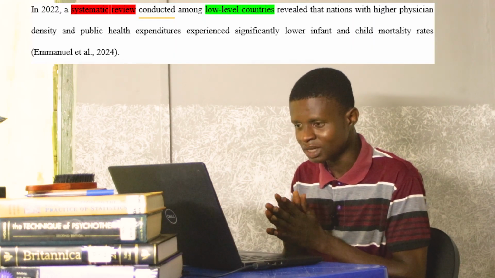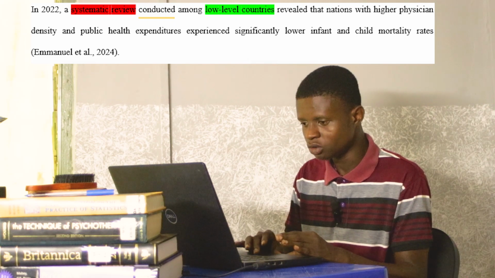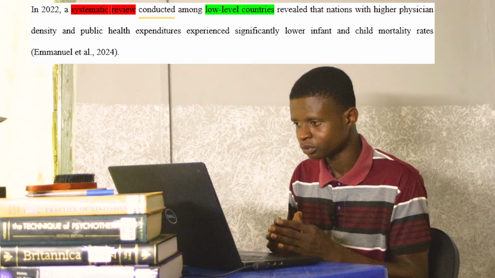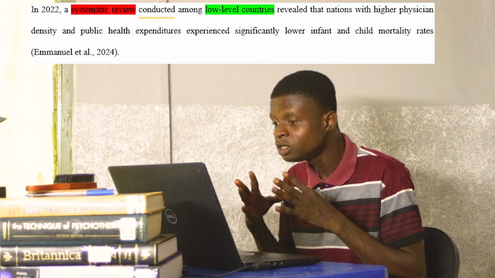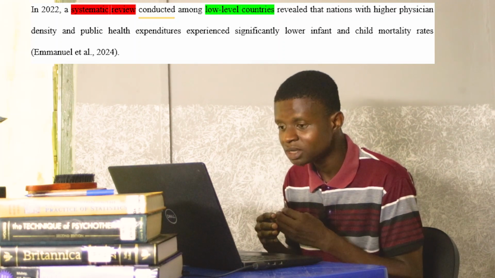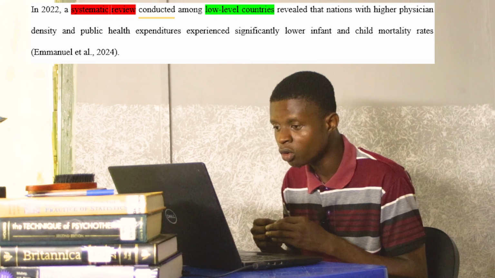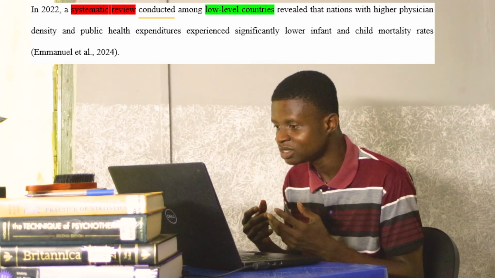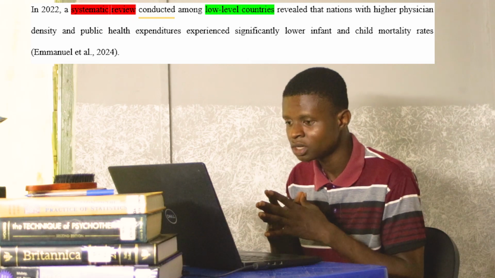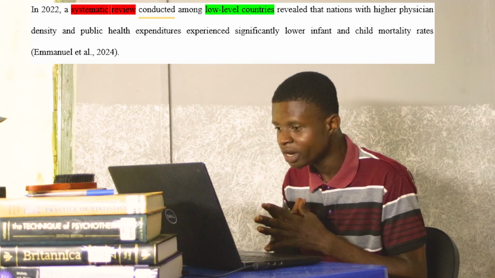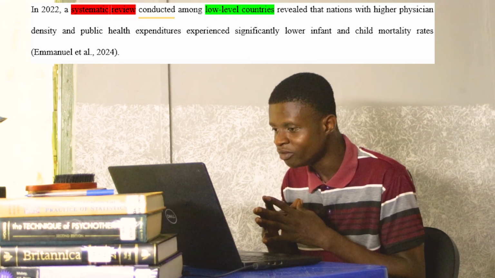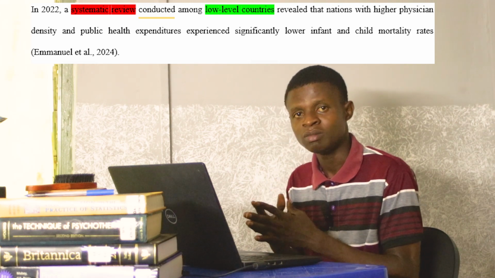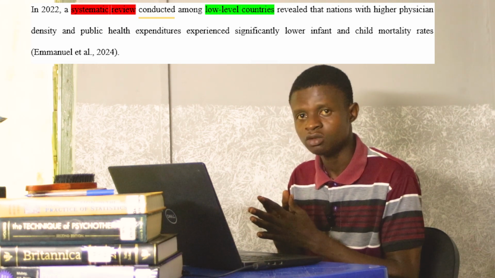I have some examples here that I want us to go through. In 2022, a systematic review conducted among low-level countries revealed that nations with higher physician density and public health expenditure experienced significantly lower infant and child mortality rates, according to Emmanuel et al. 2024.